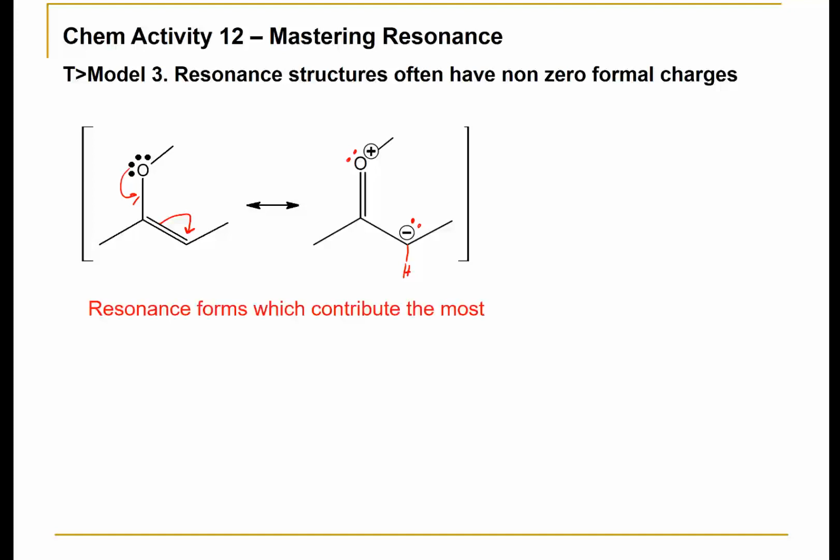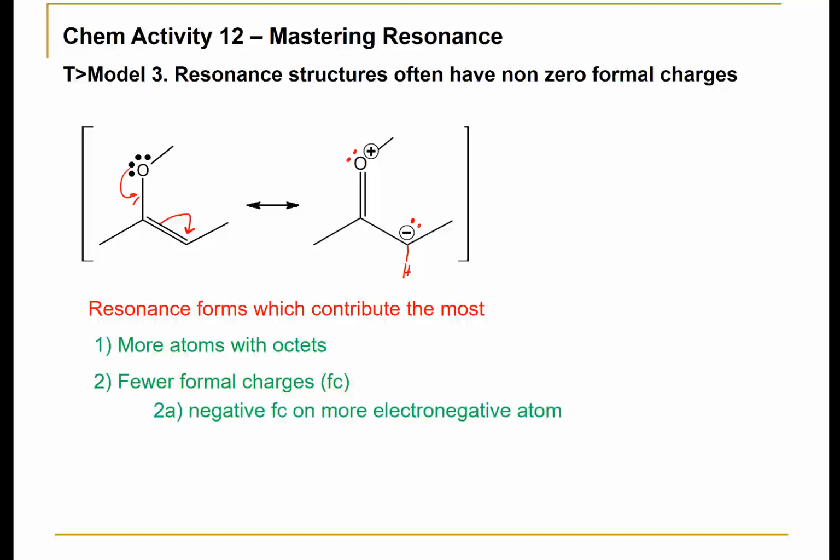So resonance forms that contribute the most are those which have more atoms with octets, those structures that have fewer formal charges, and if there are formal charges, it's better to have a negative formal charge on a more electronegative atom. It's better to have a positive charge on a less electronegative atom.